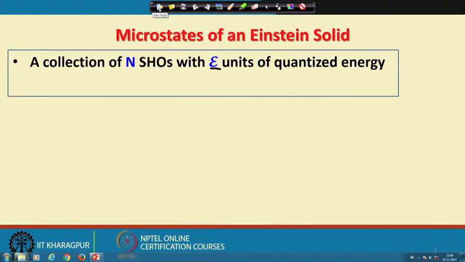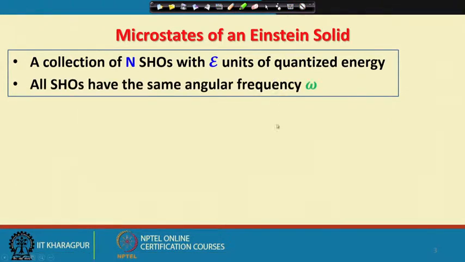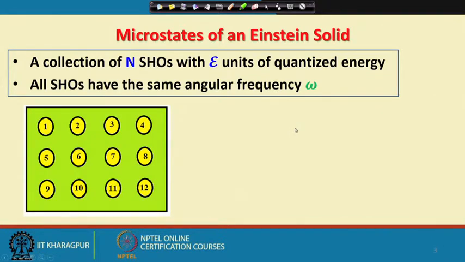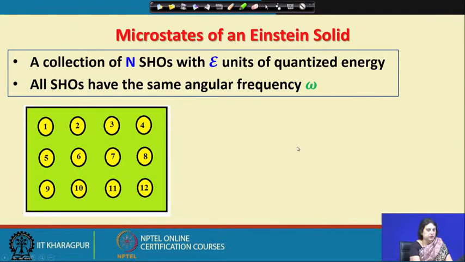When we go back and have a look at any such system, this is a typical pictorial representation of a block of solid which is comprised of, here in this picture, 12 simple harmonic oscillators, which by our assumption of the model will all have the same angular frequency omega, and they do not know if the others exist, in the sense that all of them behave as an independent simple harmonic oscillator.